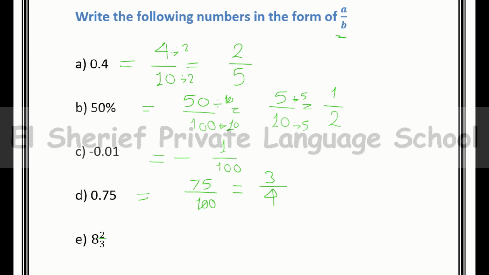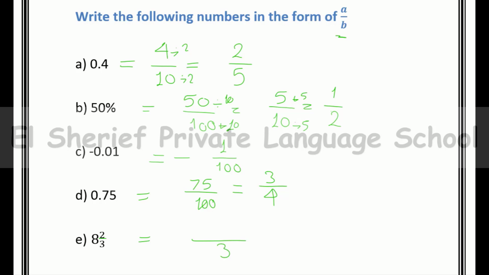Letter E is a mixed number. I want to get it in the form of A over B, and in the previous years I can convert it to an improper fraction. Here I have 8 and 2 over 3. As we know, the same denominator.